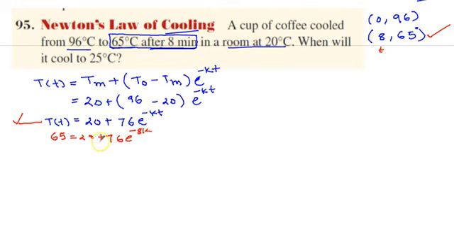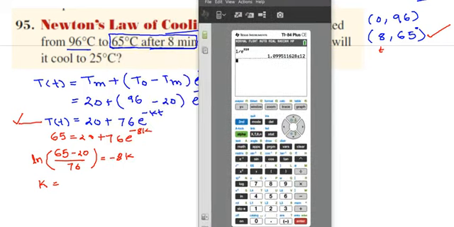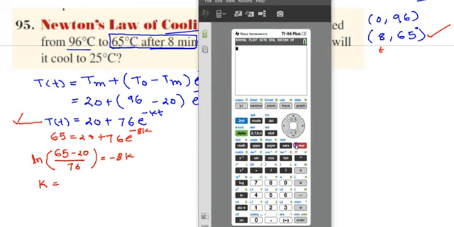Now solving for k, you are doing PEMDAS, so 65 minus 20 divided by 76 will give you e to the negative 8k. To get rid of e, we are taking ln. And k is equal to, you don't have to show much further work here, but you have to use the calculator and you have to store the value of k. Make sure you know how to use the calculator.